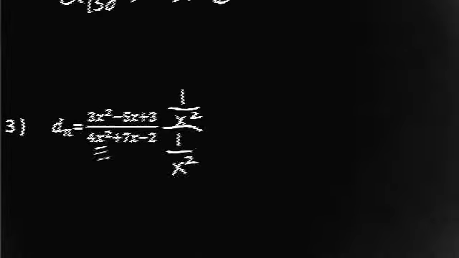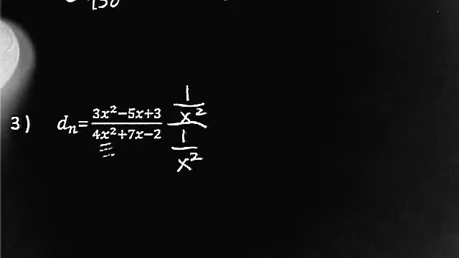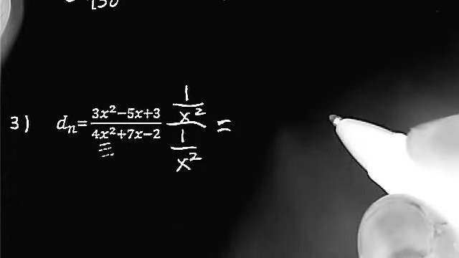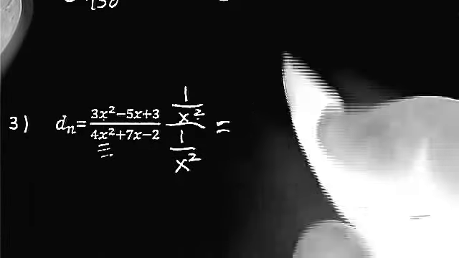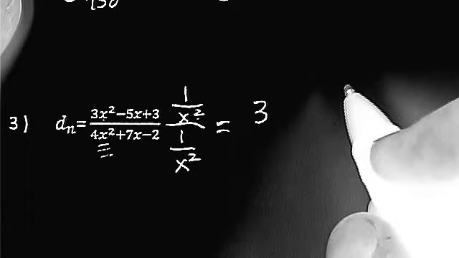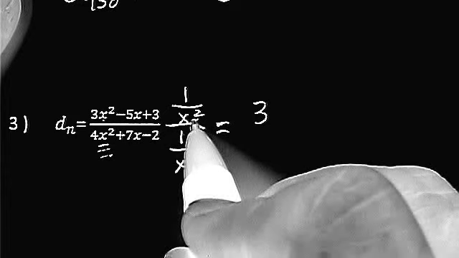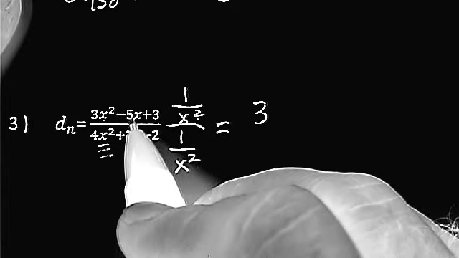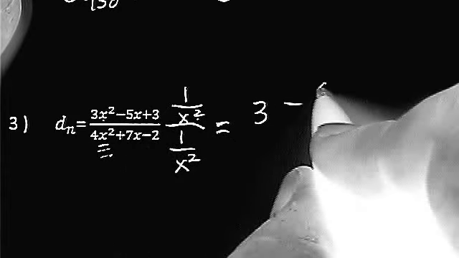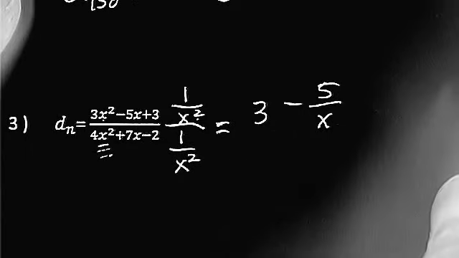This is painful algebra maybe for some of you, but once you understand it, it will get a lot easier. Okay, so 3x squared times 1 over x squared is just plain old 3, because the x squared terms cancel. And negative 5x divided by x squared, that is negative 5 over x.